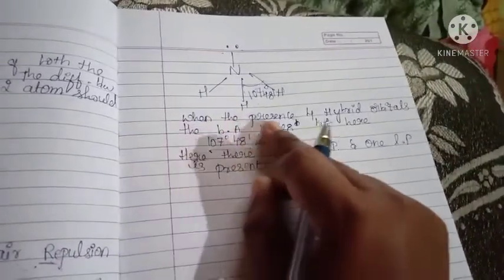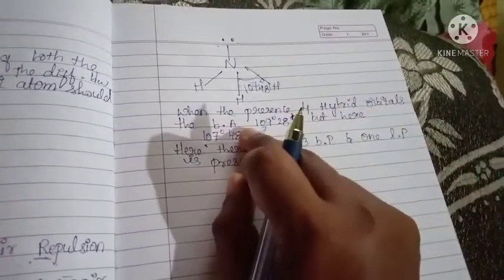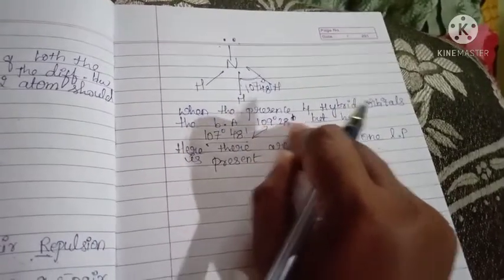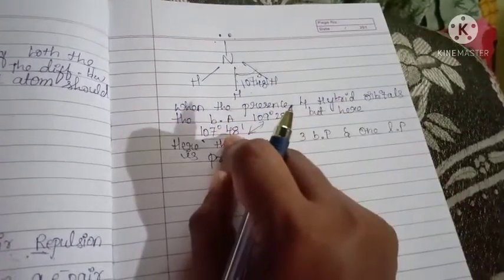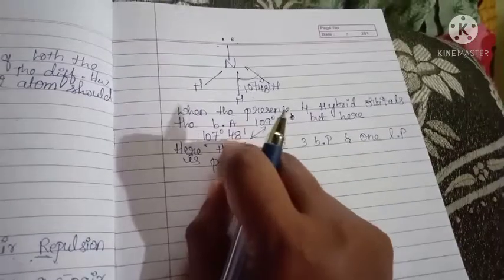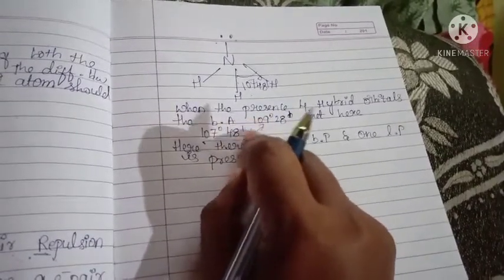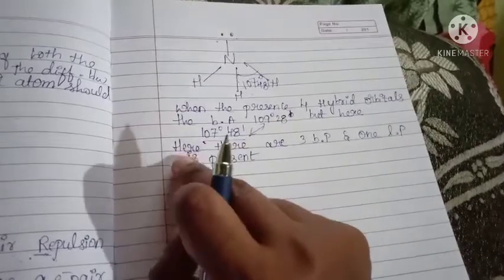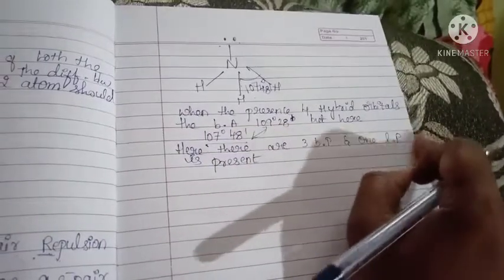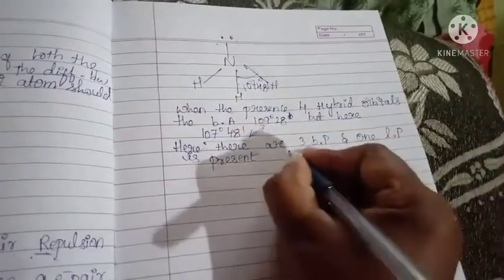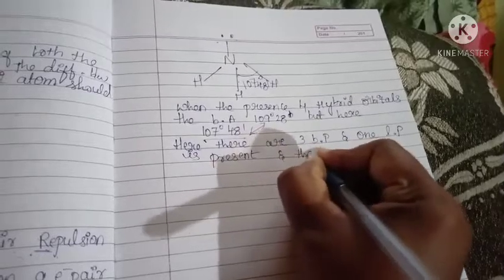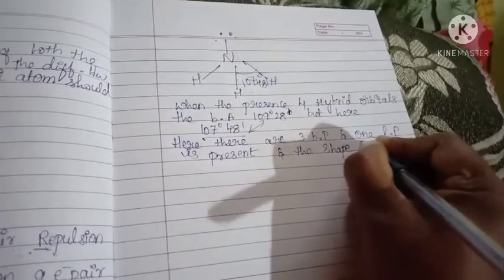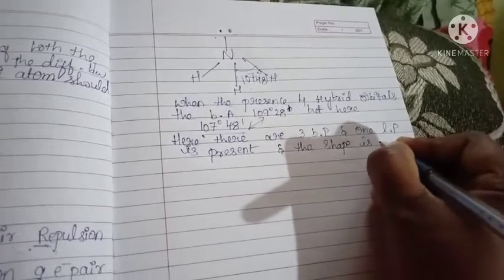With 4 hybrid orbitals, the bond angle should be 109 degrees 28 minutes, but here it is 107 degrees 48 minutes. This change is explained by VSEPR theory, as there are 3 bond pairs and 1 lone pair, and the shape is pyramidal.